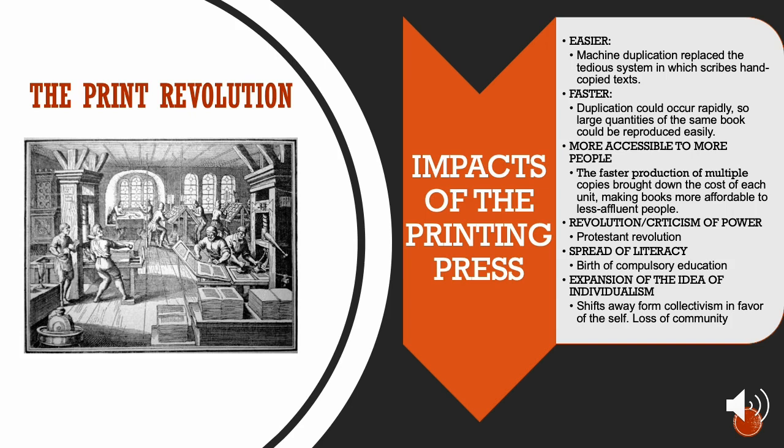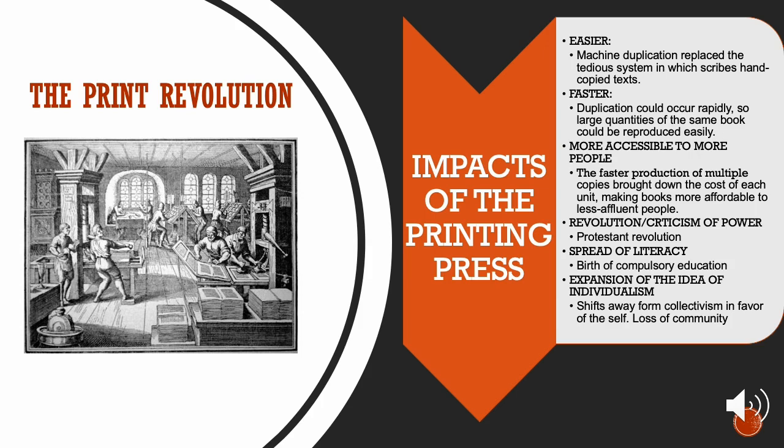This produces revolution and criticisms of power structures that existed at the time. It also produces an expansion of the ideas of individualism, right? Suddenly you have the self engaging with information as opposed to a community hearing information collectively. That doesn't mean the self never existed before, but this is an expanding notion of individualism and, to some extent, a loss of collectivism in community that comes with that, right?